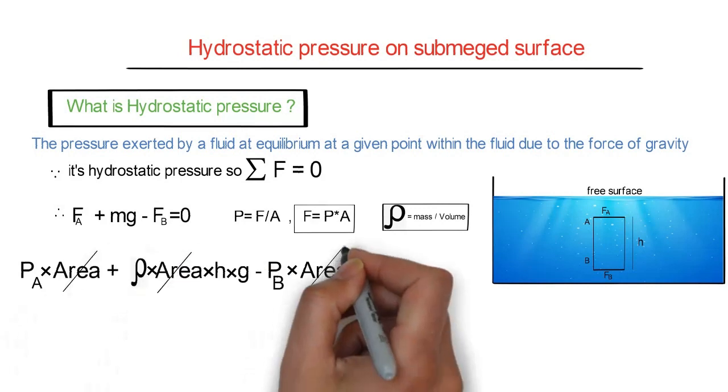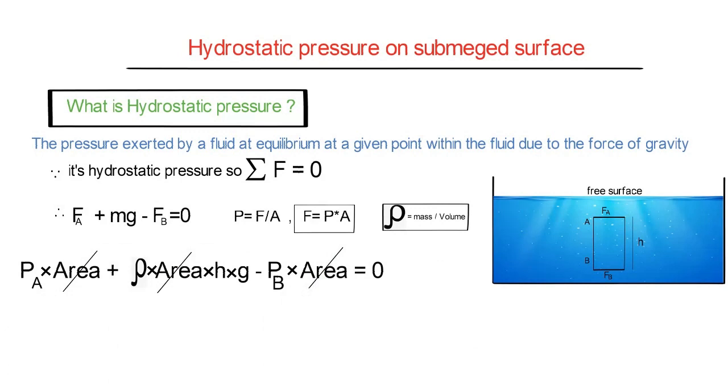The pressure at point A times area, plus rho g, which is the specific weight of the fluid, the weight of unit volume, times the volume of this imaginary cube of fluid, which is the area of this cross section times height h, minus pressure times area.